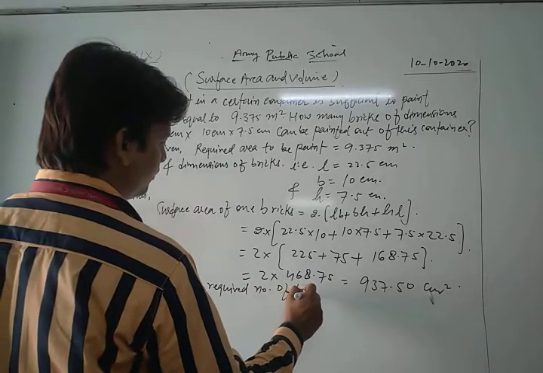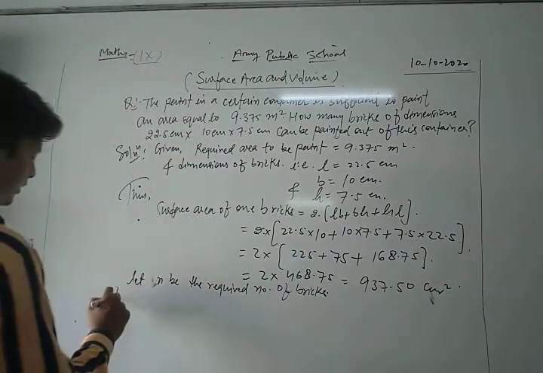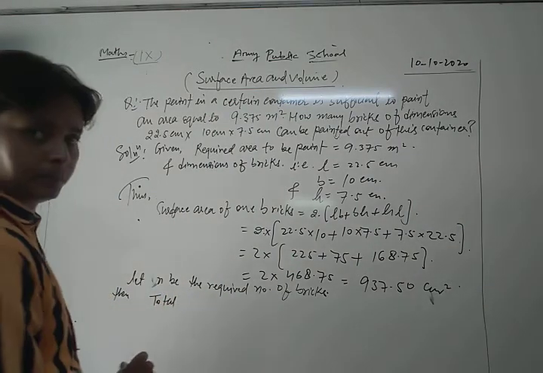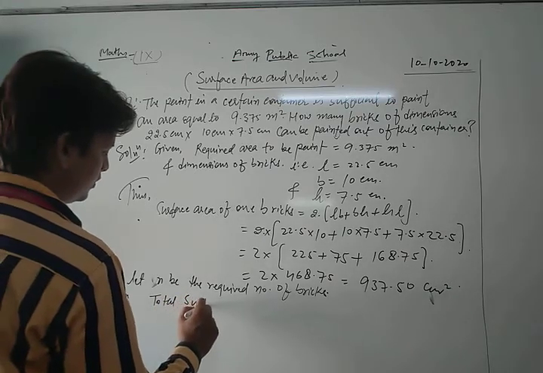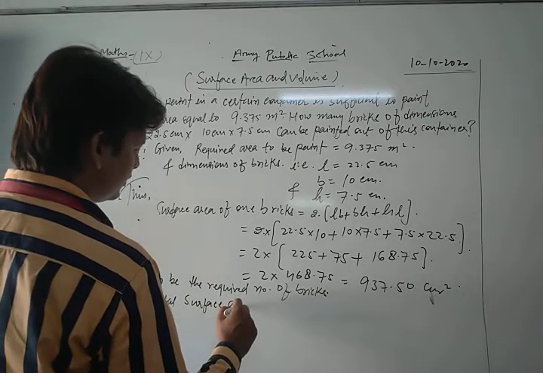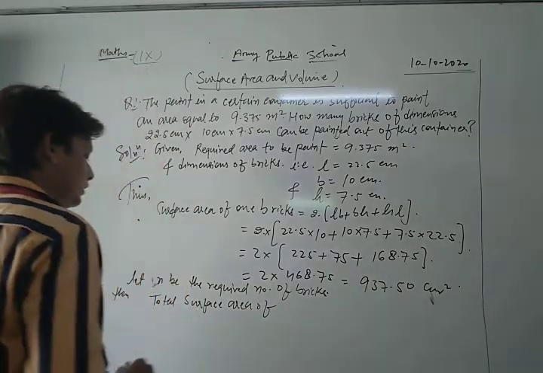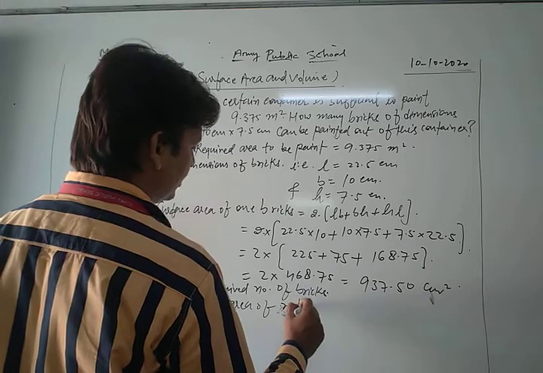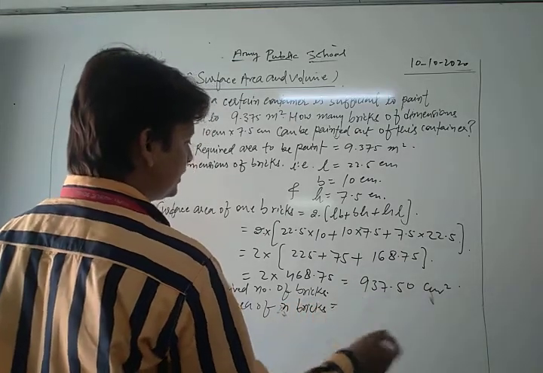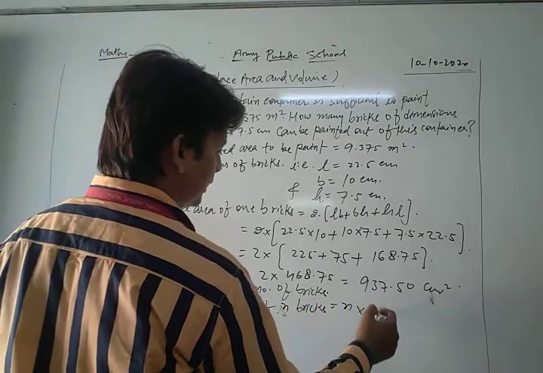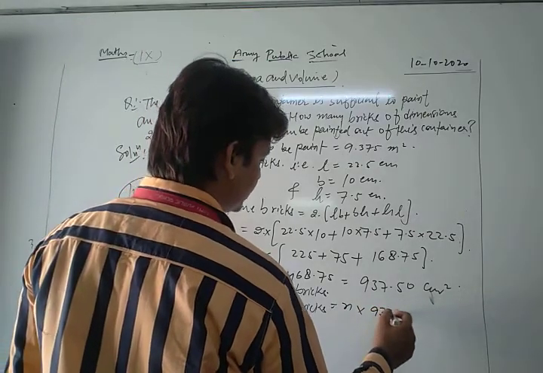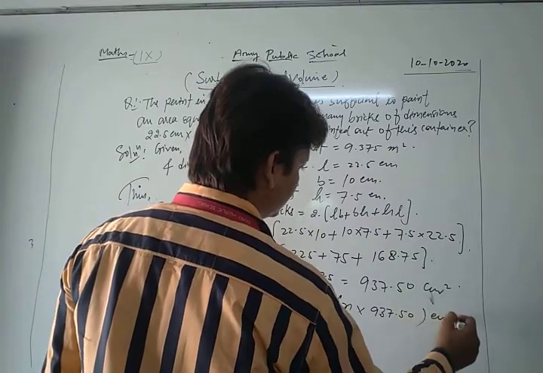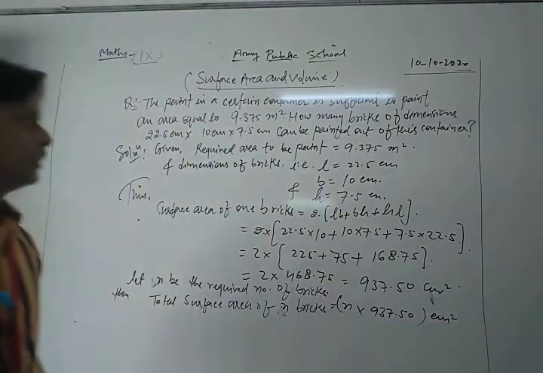Then the total surface area of n bricks is what? n multiplied by 937.50 centimeter square. Now dear student, let's see.